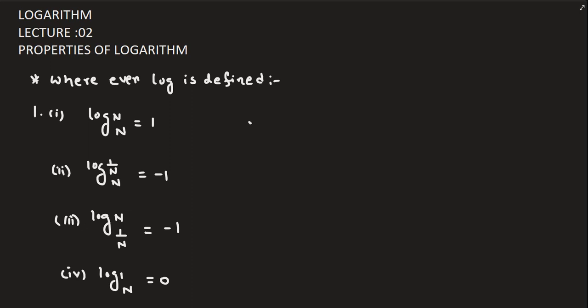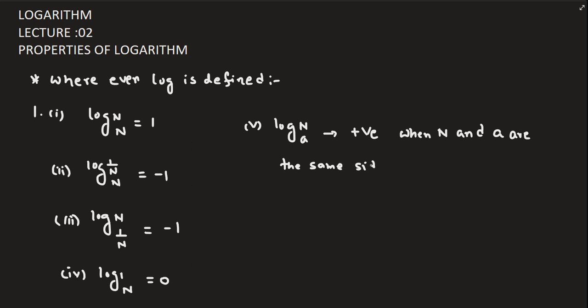5: log n base a is positive when n and a are on the same side of 1.